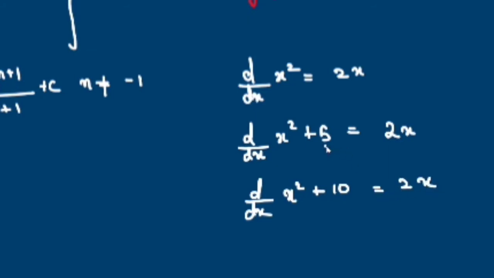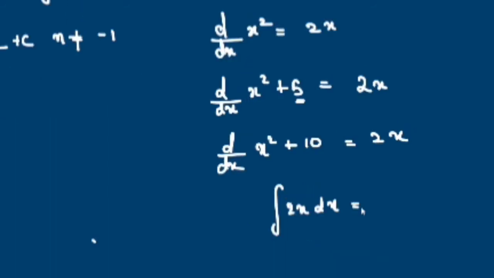So this constant is missing. So integration of 2x, whenever you integrate, put this elongated s sign and put this dx. Integration of 2x dx is x square, because integration is the reverse process. When you integrate, you get the original function.